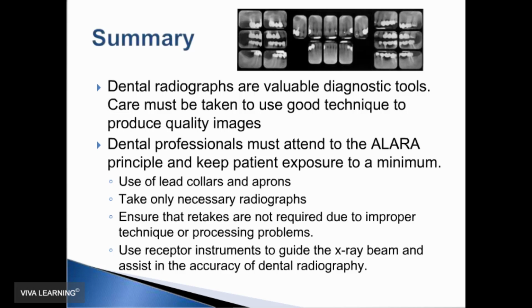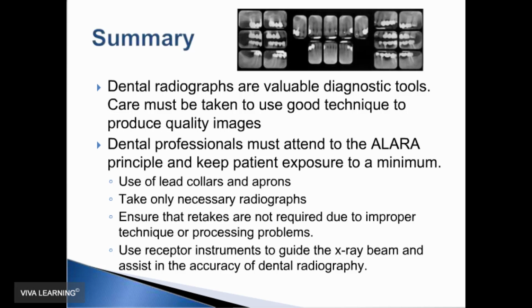The next question, is there any difference in techniques when using a long or short cone? One advantage of using a long cone is that the beam is more collimated, less scatter radiation is produced, and the image is going to be sharper.